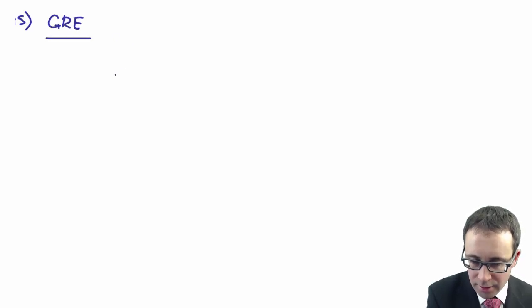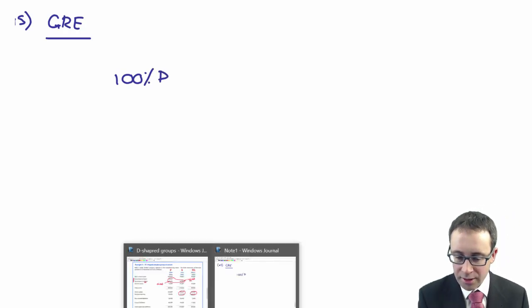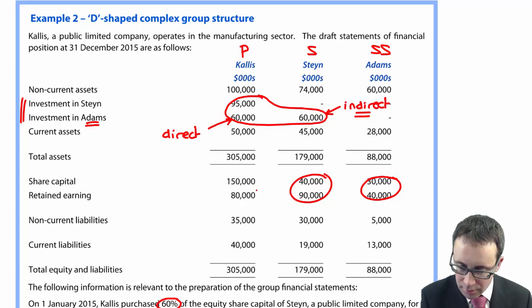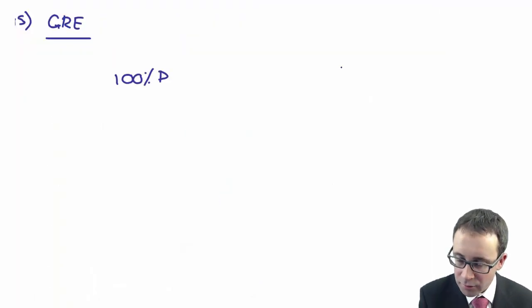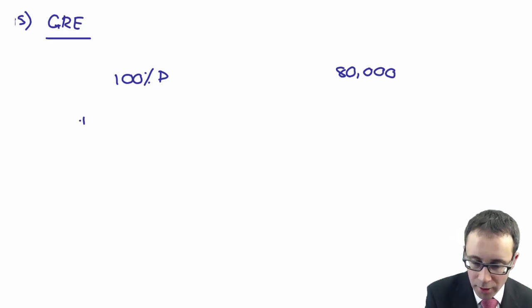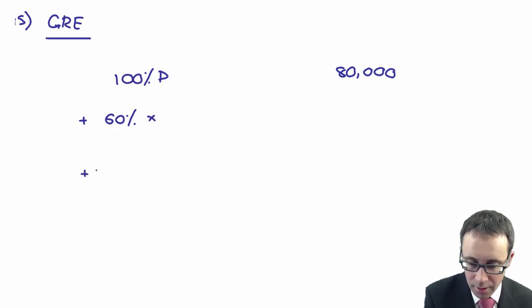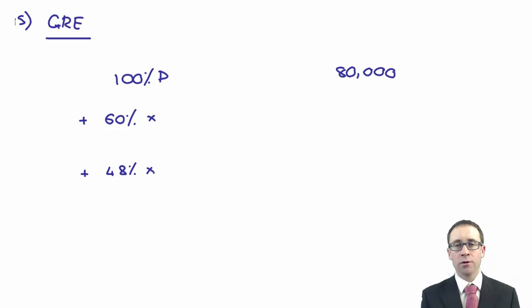We can then go through and have a look. Is it at working number 5, which is your group retained earnings? That's whereby we want 100% of the parent's retained earnings, which is 80,000. We then want to add on our share, 60% of the sub, and 48% of the sub.